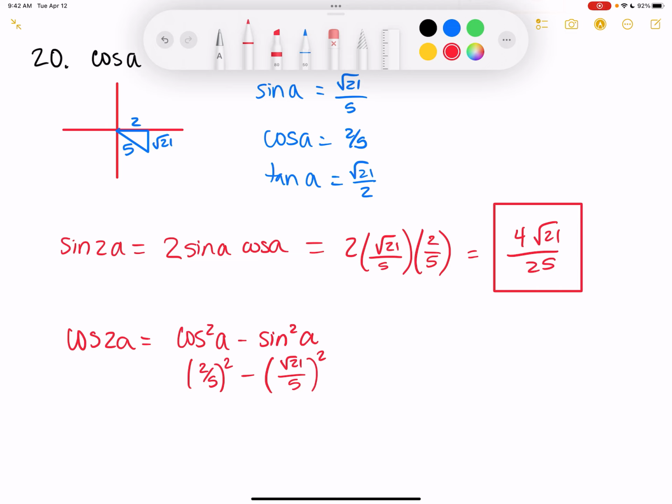That's going to end up giving you 4 over 25 minus 21 over 25. Negative 17 over 25? Yeah.